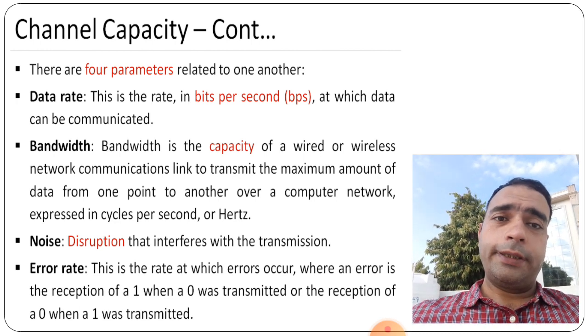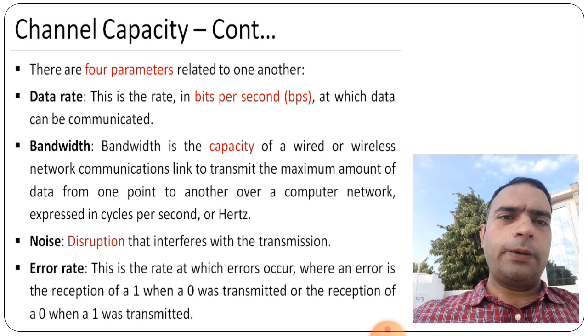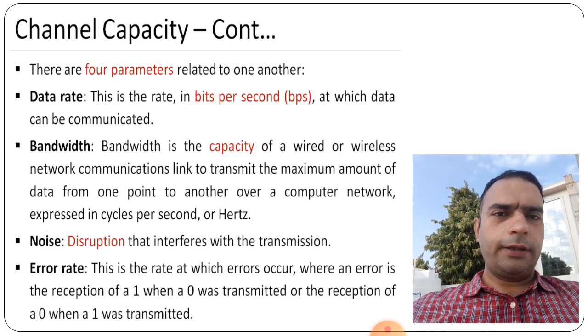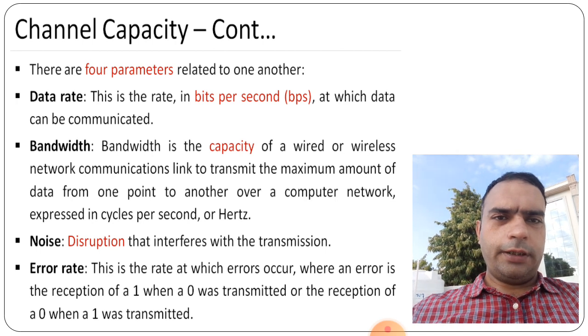Then the noise, which is the disruption that interferes with the transmission, we can say. The next thing is the error rate.